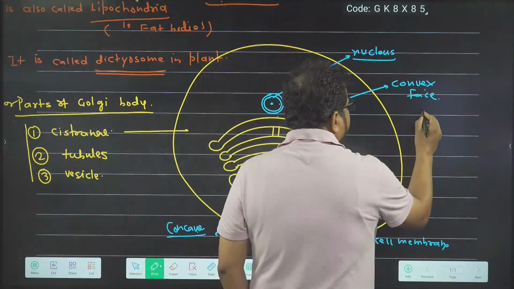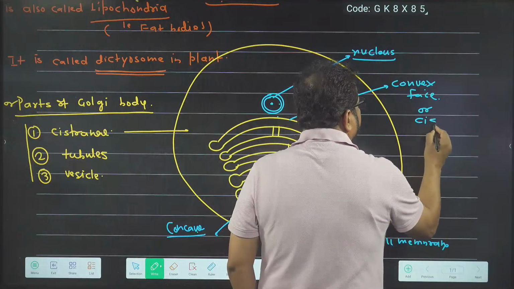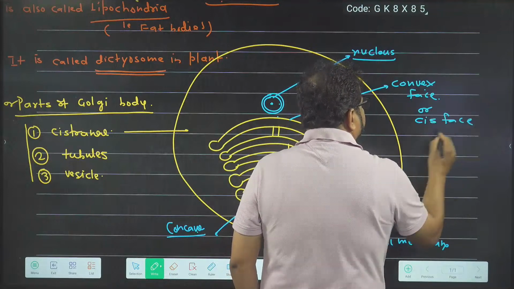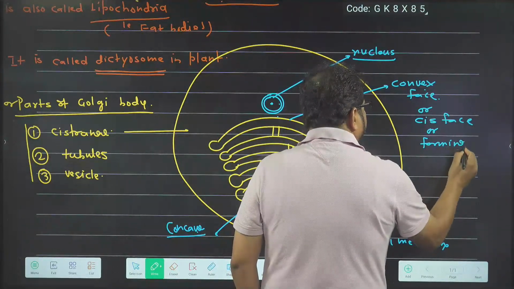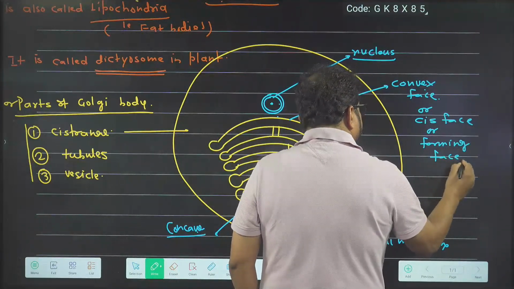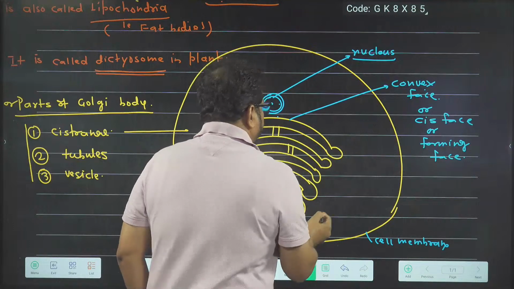This convex face is also called cis face, or also called forming face. Forming face is the other name of the convex face of the cisternae.